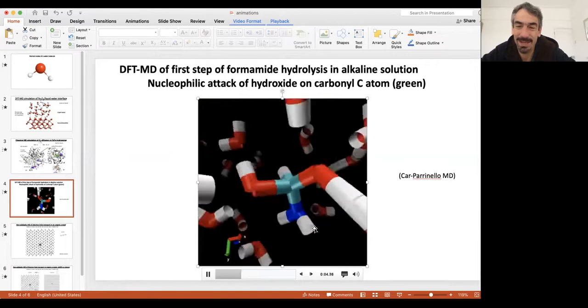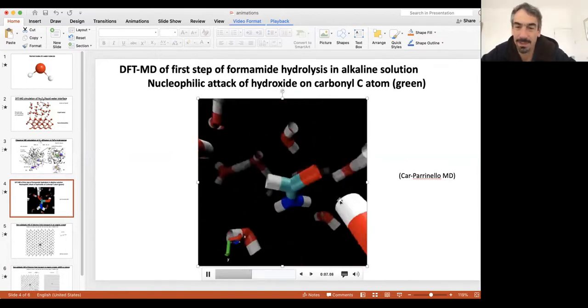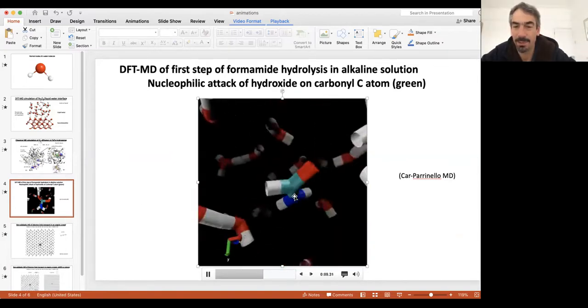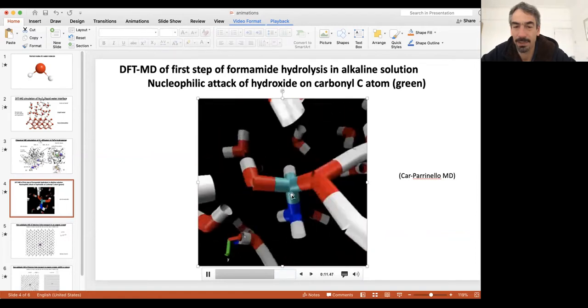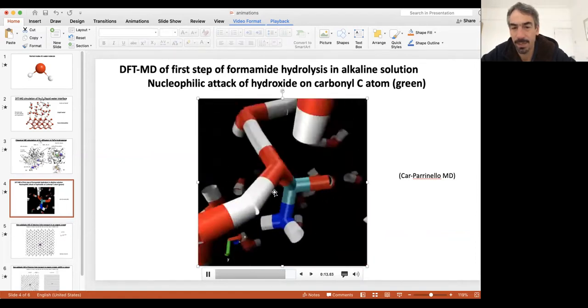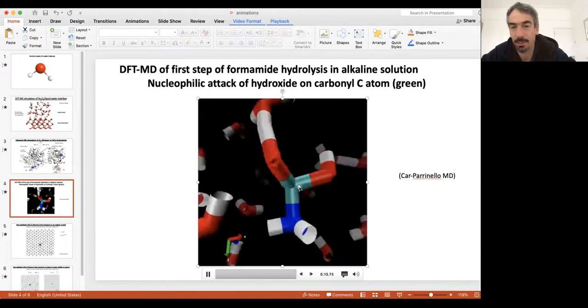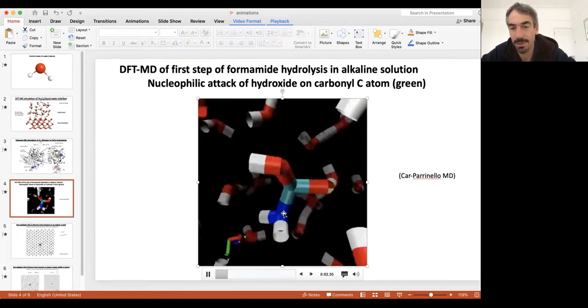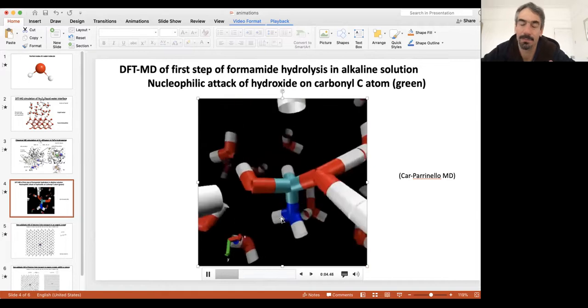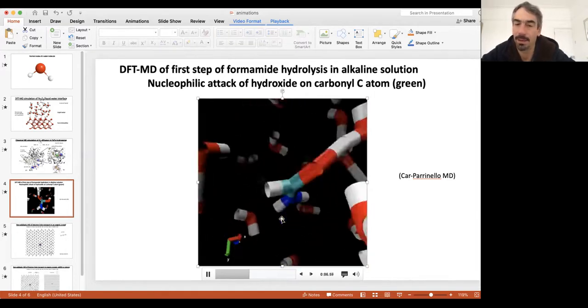This is Born-Oppenheimer molecular dynamics, right? At the beginning the molecule is planar, because it has this pi conjugated double bond. As soon as the OH attacks and the double bond is gone, you see that the amino group, for instance, is no longer planar.